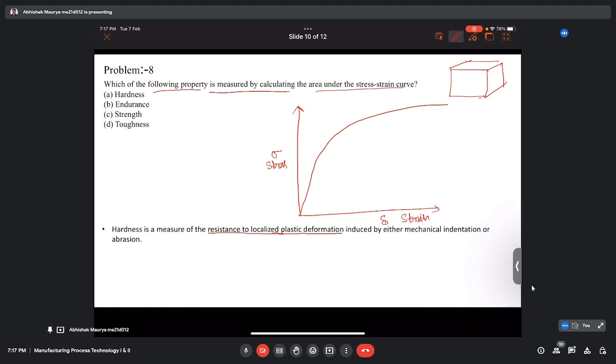Means what kind of experiment? What kind of equipment will you use? Please feel free to discuss with me. Any thoughts? Any idea?